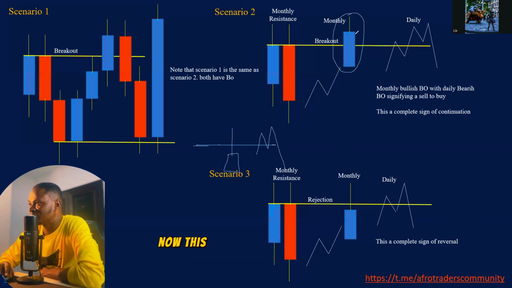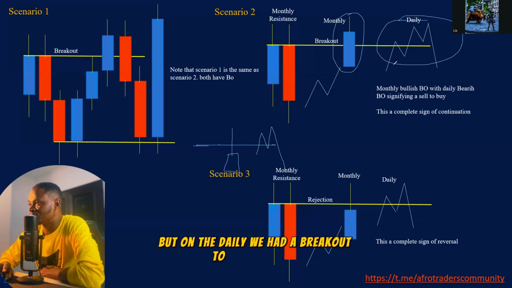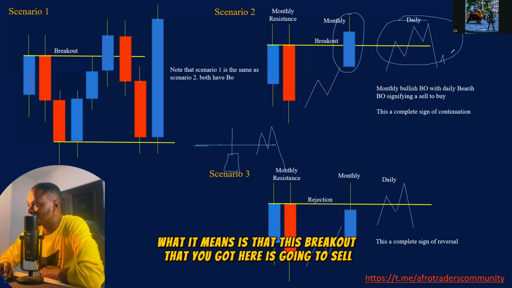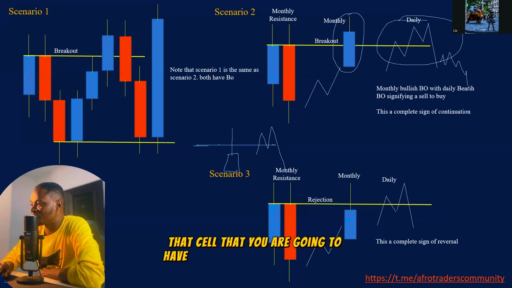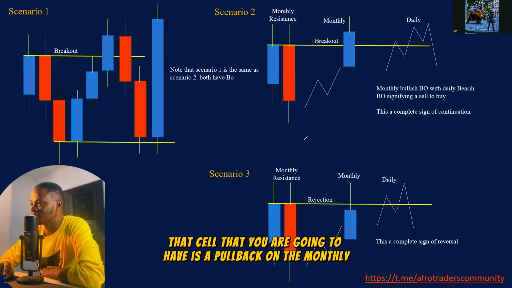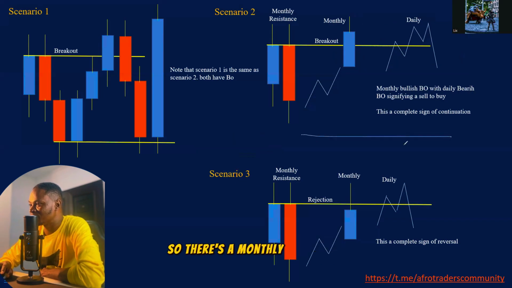Now this is a breakout to the upper side, but on the daily we had a breakout to the sell. What it means is that this breakout that we got here is going to sell. It means that the sell that we are going to have is a pullback on the monthly. So there's a monthly resistance.